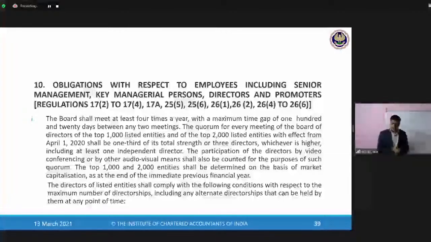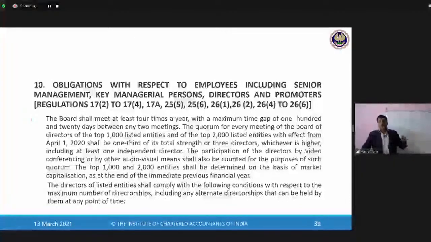So let's understand the first point. The board shall meet at least 4 times in a year, with a maximum time gap of 120 days between 2 meetings. Quorum for every meeting of the board of directors of the top 2000 listed entities, top 2000 because from 1st of April it's only the relevant period now, shall be 1/3 of its total strength, or 3 directors, whichever is higher, including at least 1 independent director.